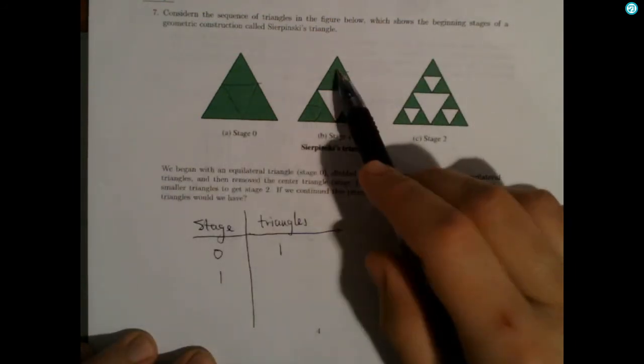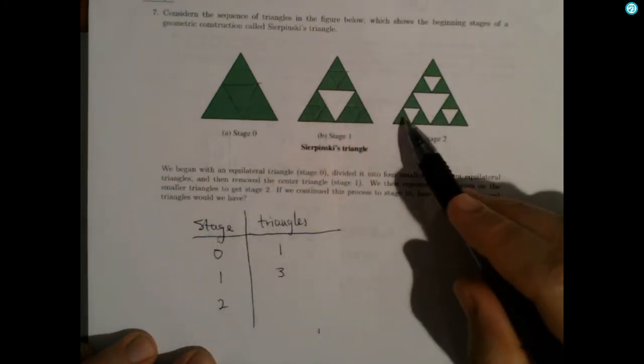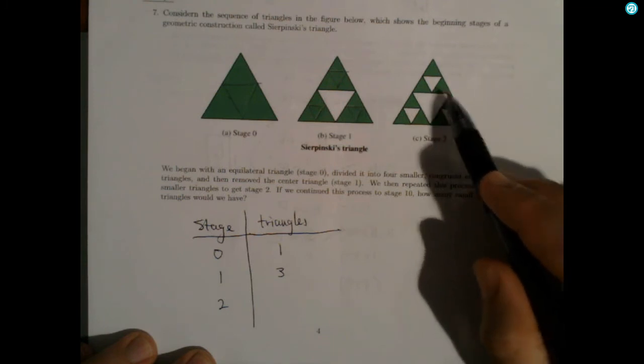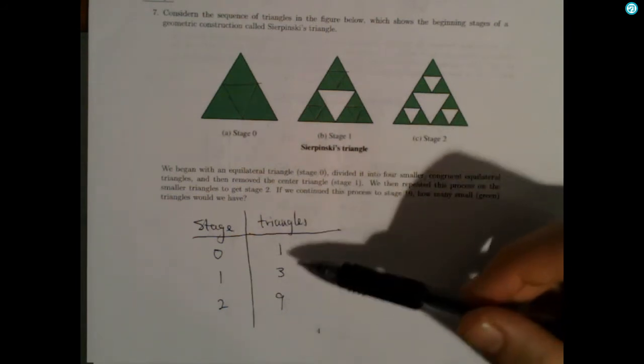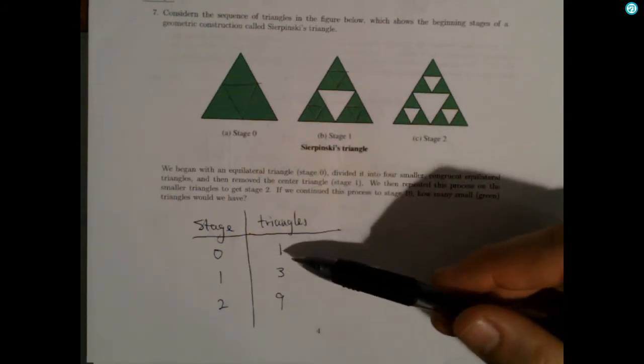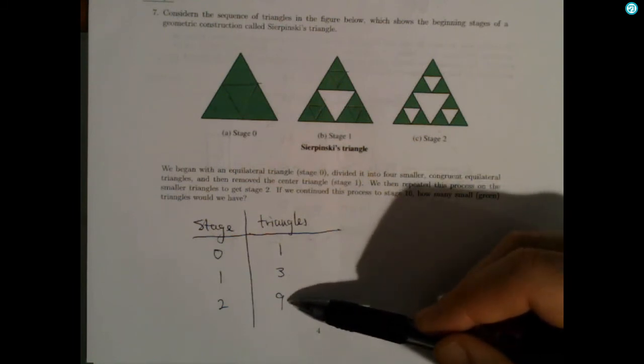At stage 1, we had how many? 1, 2, 3 triangles. And at stage 2, we had 1, 2, 3, 4, 5, 6, 7, 8, 9. So notice that this is an exponential growth. To get from here to here, we multiplied by 3. To get from here to here, we're going to multiply by 3 again.